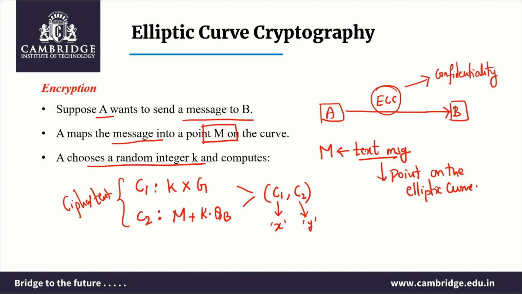Well, let us consider it like that because we are considering a point. Now C1 is calculated as the random number chosen multiplied by G, and C2 is the message, to which we append k multiplied by the public key of the receiver. Now this message would be sent on the insecure channel.